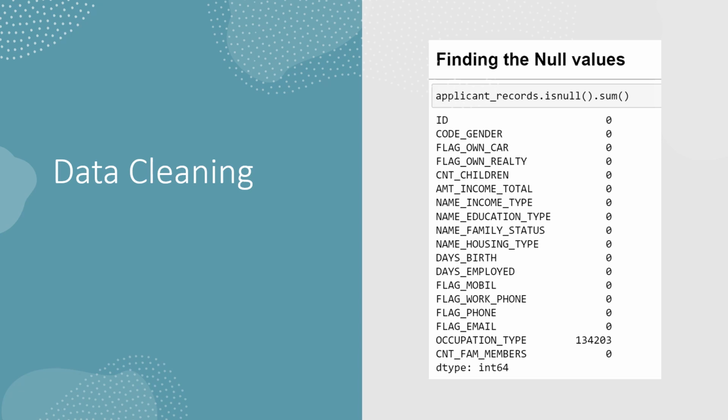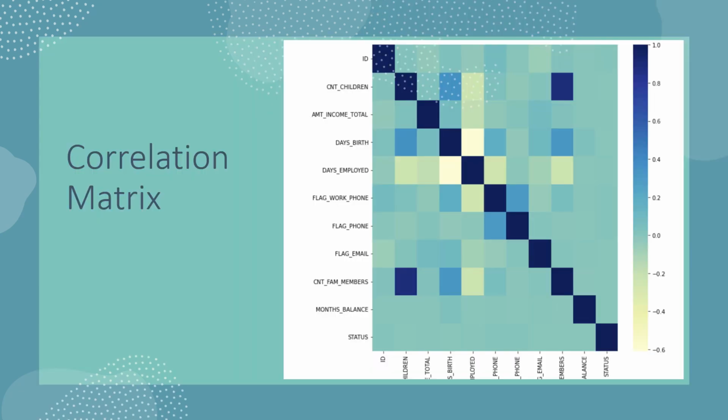For the first time I got 13 null values in occupation type, and I replaced them. Then I got the correlation matrix, in which I saw that flag mobile is a column that doesn't have any correlation with the remaining factors, so I dropped that column and then got this correlation matrix.